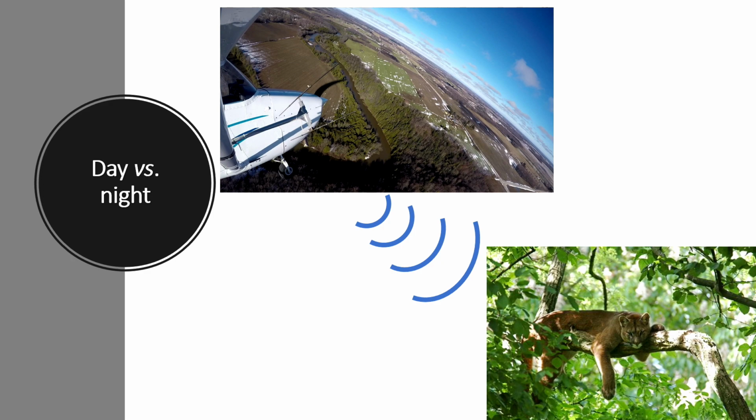In our study, we included both day and night locations of the pumas. This is important because in previous studies, they located mountain lions with aircraft, so they could only fly during the day, and so they mostly included resting locations. With the use of GPS devices, we can include locations during the whole day.